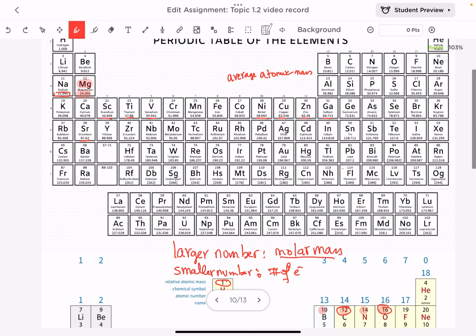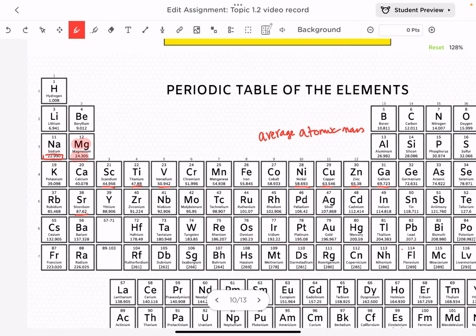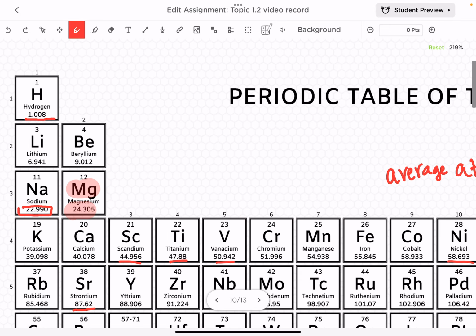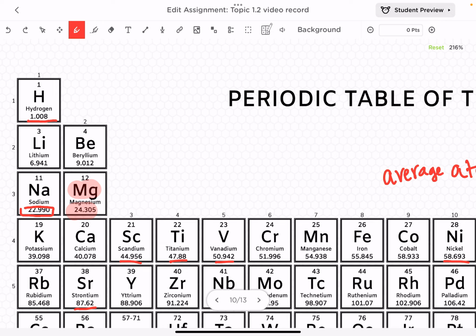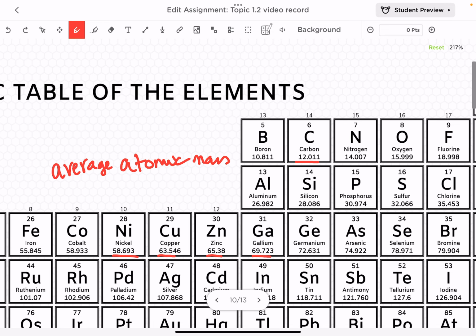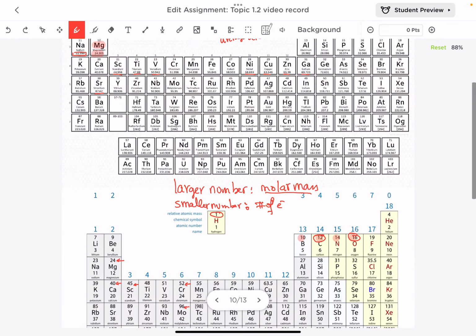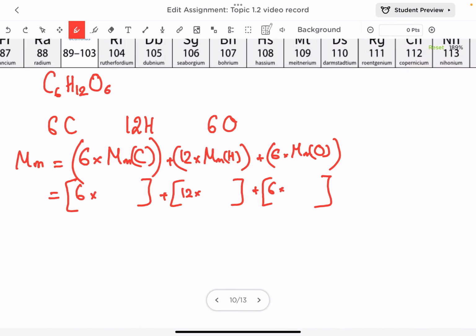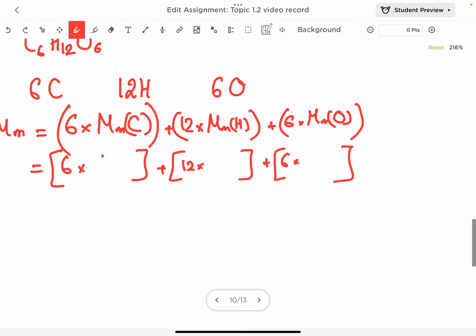If I use this periodic table, the molar mass of hydrogen, I round the number, is also 1. The molar mass of carbon, I round it, is 12, and 15.99 is 16. So in both cases, it's the same numbers used: 12, 1, and 16.